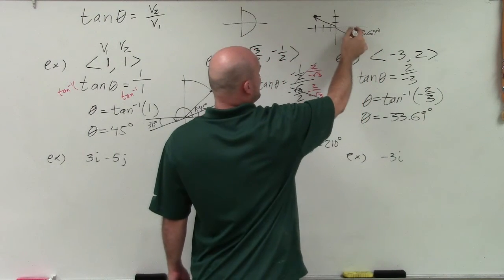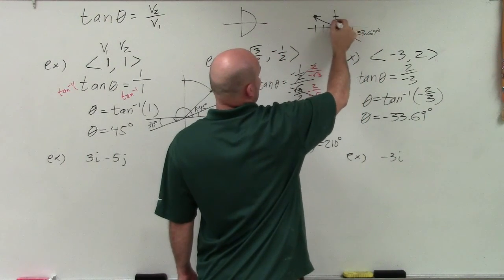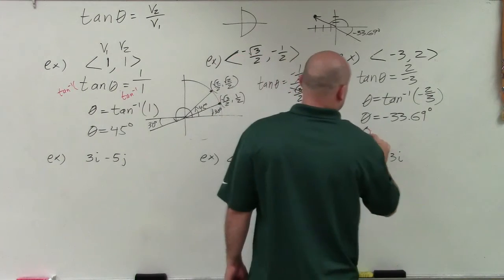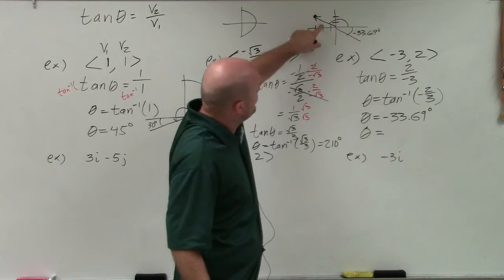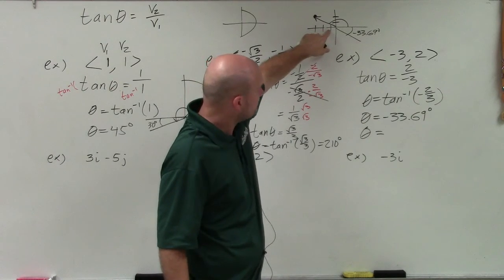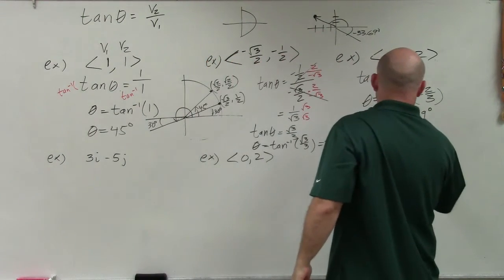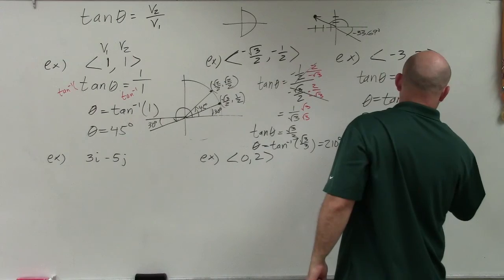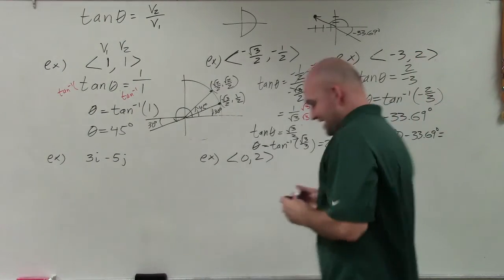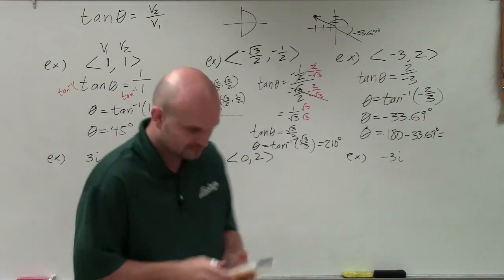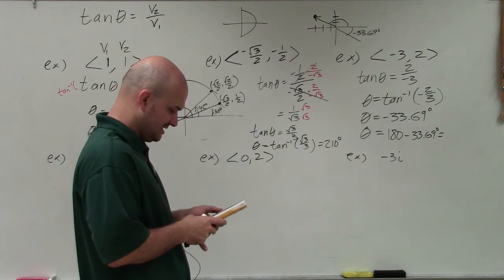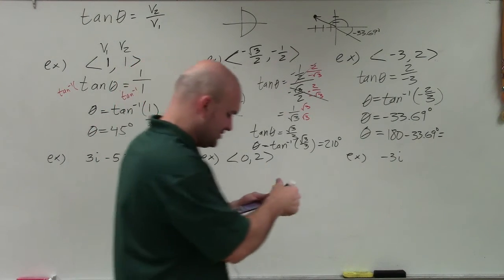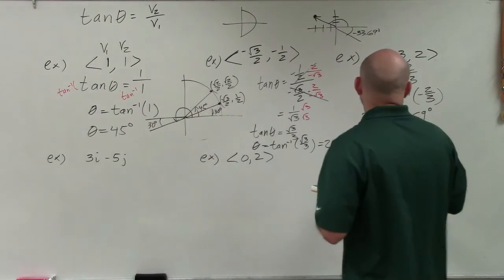So what we need to do is figure out what this angle is from there. So I'm going to take theta equals, and basically this is the same as over here. So I'm just going to take 180 degrees minus 33.69 degrees. And that is going to equal, so 180 minus, minus second answer, that's going to give me 213.69.